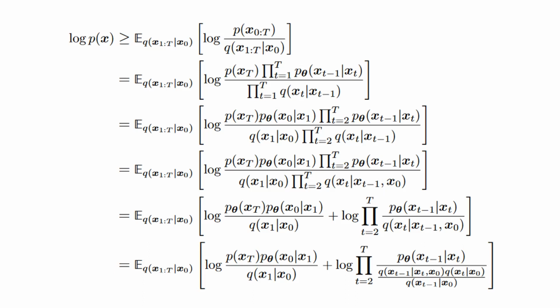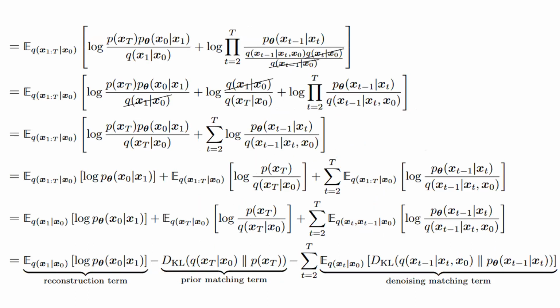Basically, in the denominator, these two terms, q of xt given x0 and q of xt minus 1 given x0, cancel out. And there are two terms remaining. So this is equal to q of x capital T given x0, and this is q of x1 given x0, right? They cancel out. So once they cancel out, something happens.